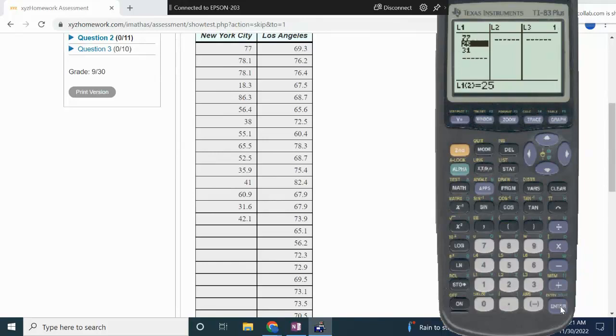So this is 77, and it's very easy to make a mistake on this because you're putting all this stuff in by hand.